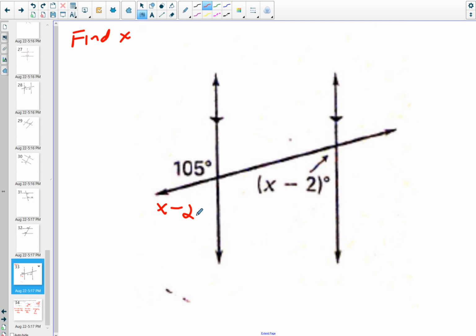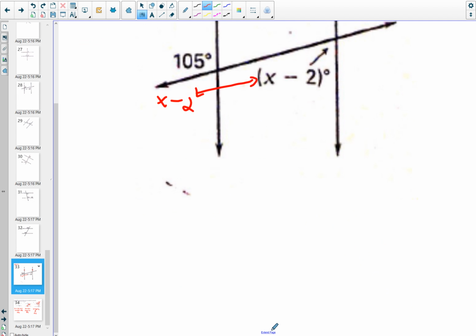What relationship allows me to say that if these two lines are parallel, this is also going to be x minus 2? Because they're corresponding angles.